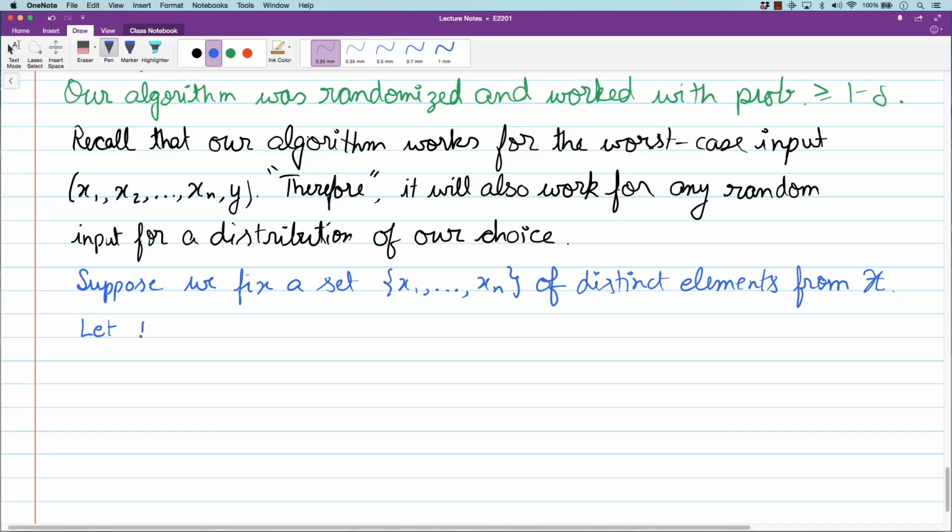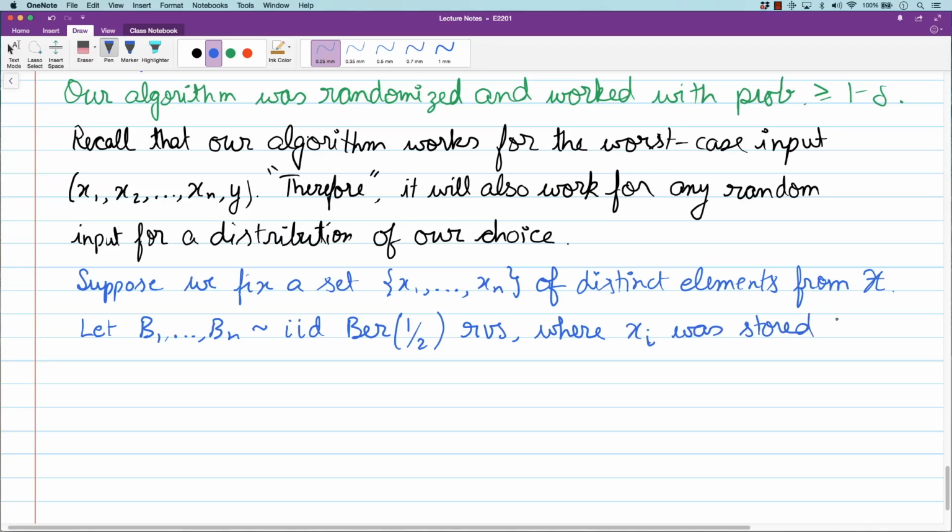Let b1 to bn be independent and identically distributed Bernoulli half random variables. So these are just random bits. Bernoulli half means random bit. Here xi was stored if and only if bi equals 1. So we have this random input b1 to bn which indicates whether xi was stored or not.